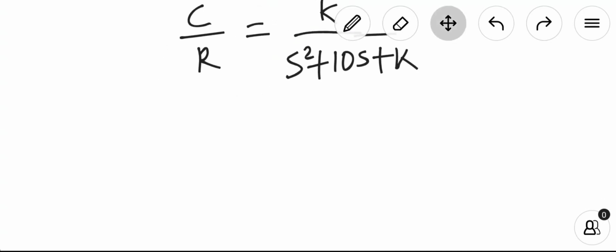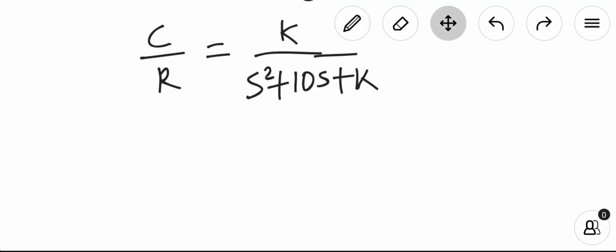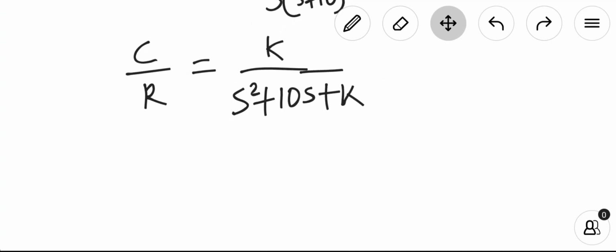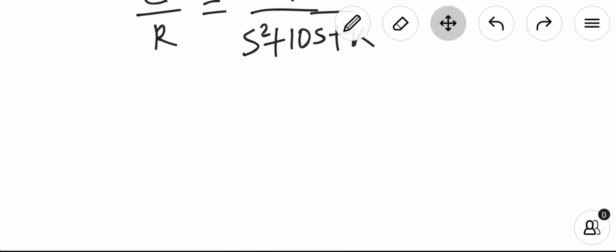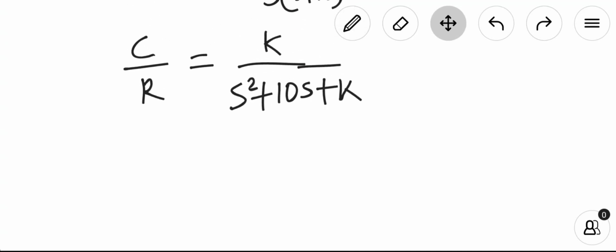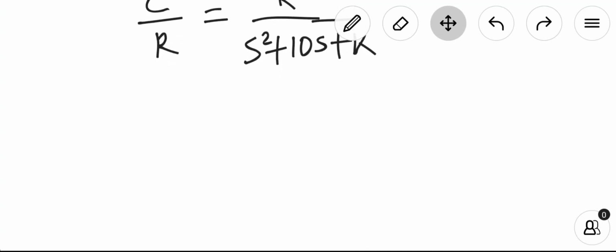The second order has a standard form. To convert to the standard form, divide the numerator and the denominator of the transfer function by the coefficient of S squared. Now we are dividing by 1, so it gives us the standard form, and we can continue from here.